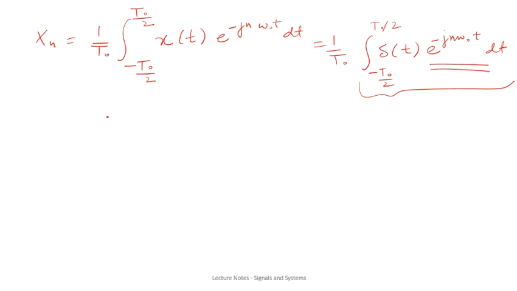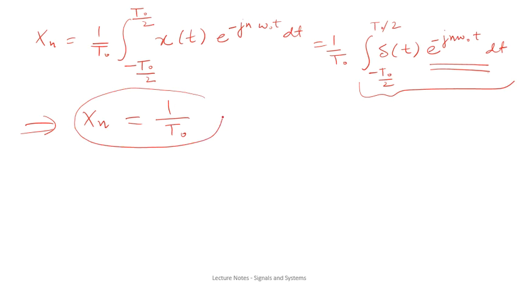So this can be simplified as x_n equals 1 by t naught. So this is the value of the exponential Fourier series coefficient.